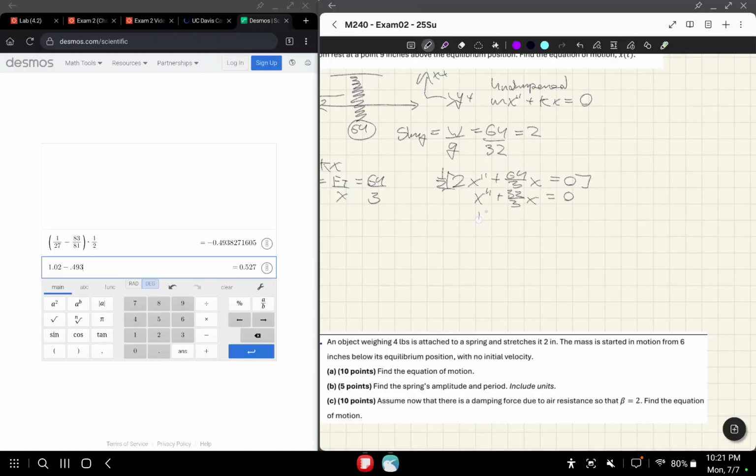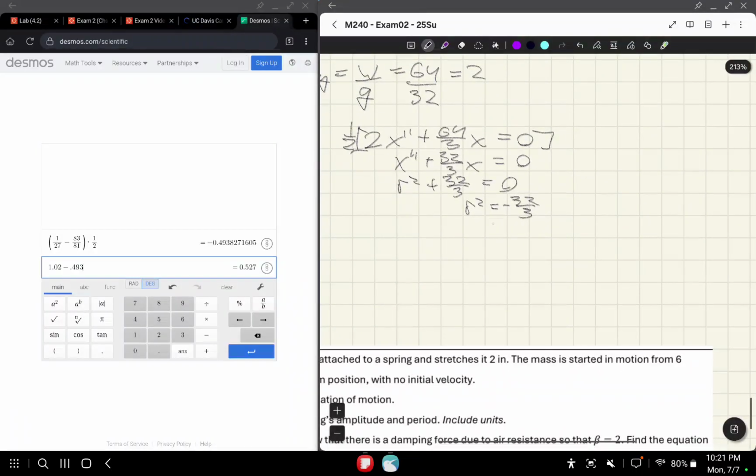So r squared plus 32 over 3 equals 0, r squared equals negative 32 over 3. Since we can't take a square root of a negative, it will be imaginary, complex. So r equals the square root of 32 over 3 i.